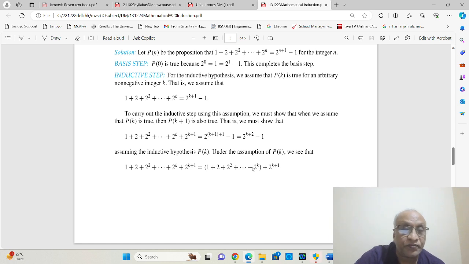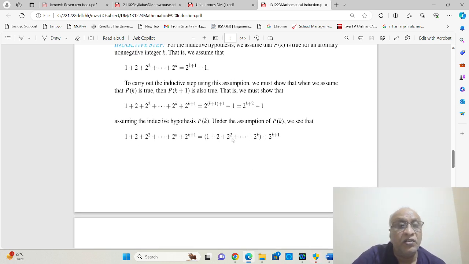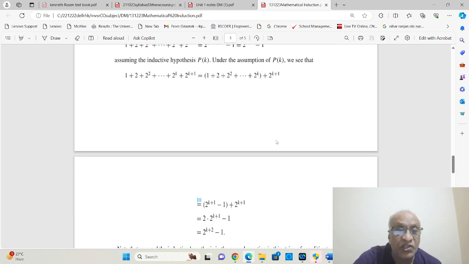Now, using the inductive hypothesis and the assumption of P of k, we can say 1 plus 2 plus ... plus 2 to the power of k plus 2 to the power of k plus 1 equals 1 plus 2 plus ... plus 2 to the power of k plus 2 to the power of k plus 1.